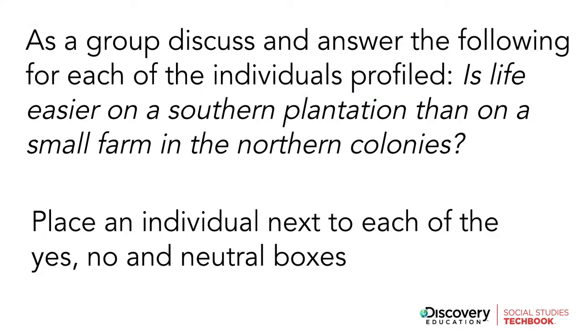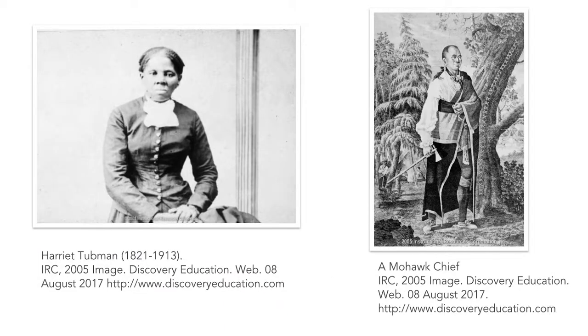And in the third mini center, they got up and moved to the next section, where as a group, they looked at those questions. Is life easier on a southern plantation than on a small farm in the northern colonies? And they had to place an individual next to each of the yes, no, and neutral boxes. So what I did was I cut up each one of these pictures.